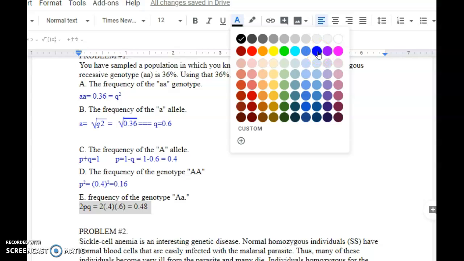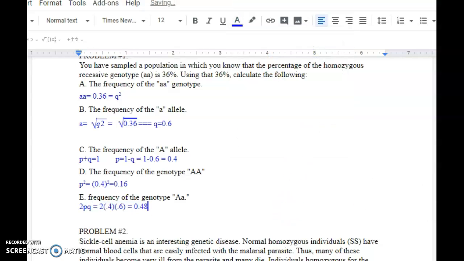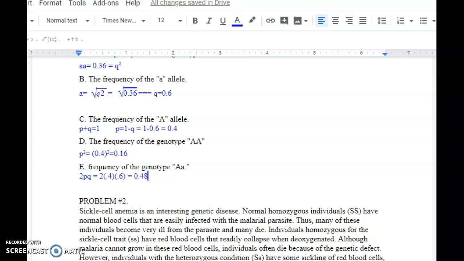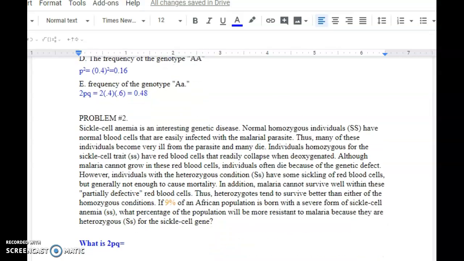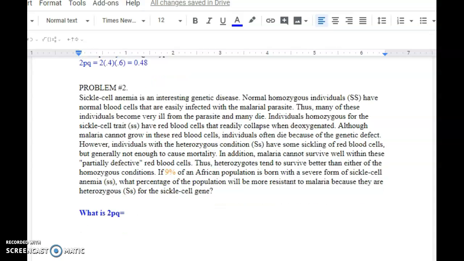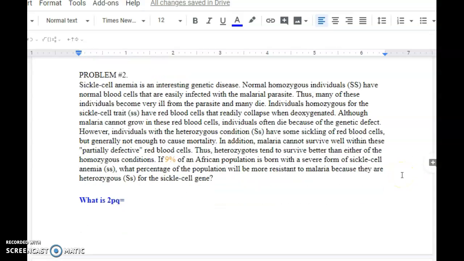All right, so that'll be up there for you to review if you need help for these other 4 problems that you need to work on. So I'll give you a few pointers on these and what I want for each problem. Problem 2, you're going to read all this about sickle cell anemia. You got 2 traits, the sickle cell gene and the normal blood gene. The key number after reading all this is this 9%.